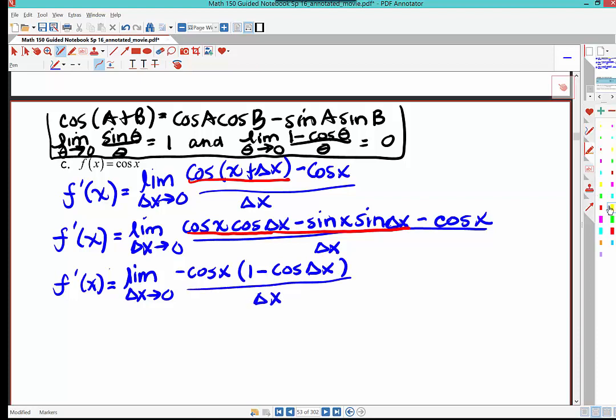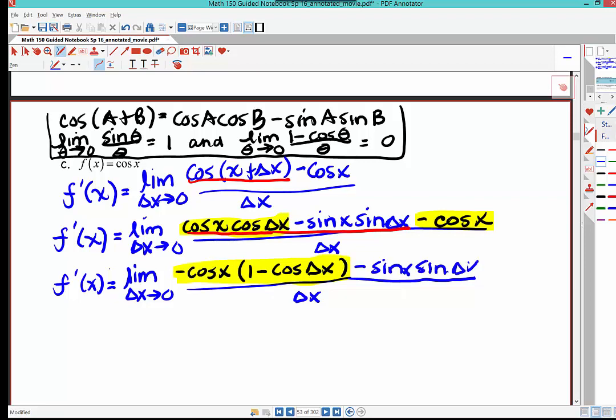So basically, all of this stuff here is equivalent to this, okay? And then continuing, we will have minus sine at x times sine at delta x.